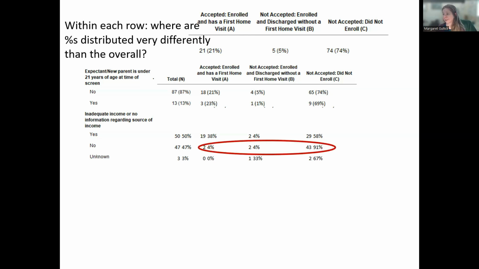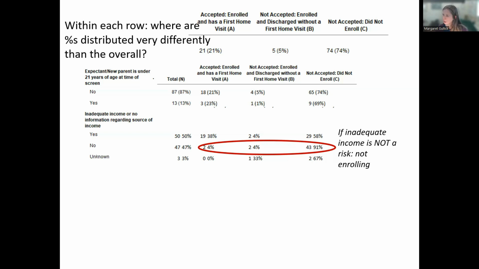Almost everyone who did not accept, who never enrolled, said that inadequate income was not a risk for them. So it seems like if inadequate income is not a risk for a family, they're not enrolling.